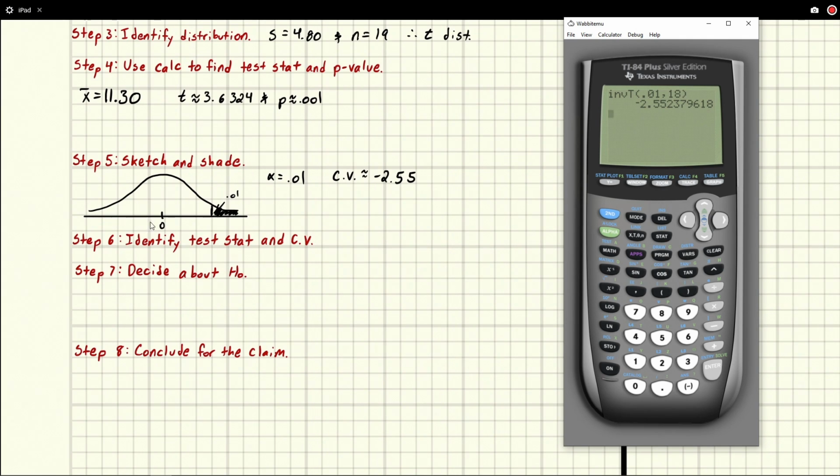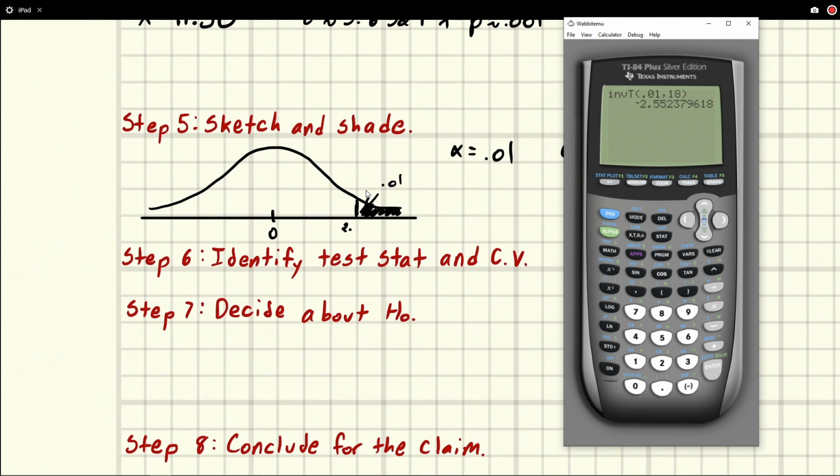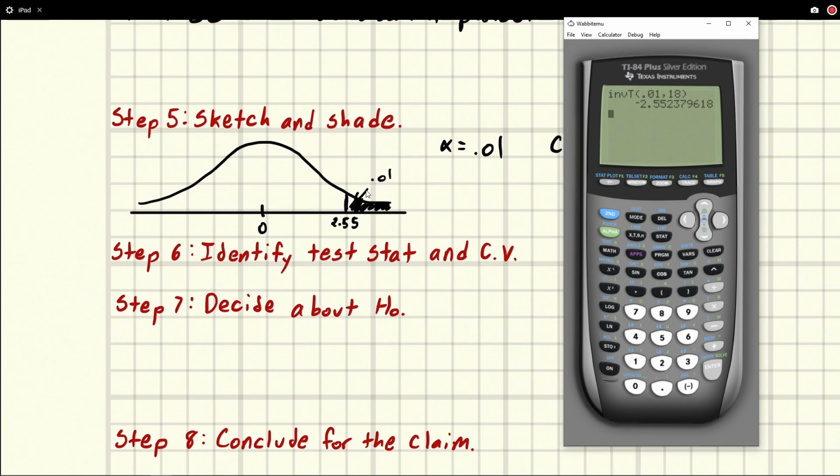And we know that this distribution is symmetric, so I can actually just make it positive because we are on the positive side due to symmetry. And so we get a positive 2.55 as our critical value.